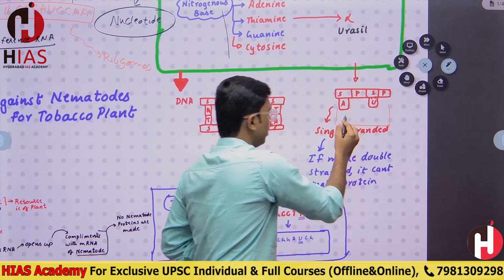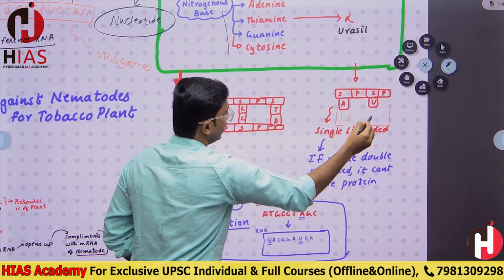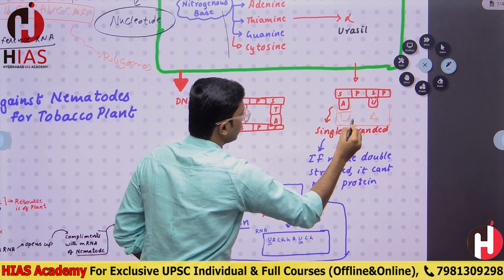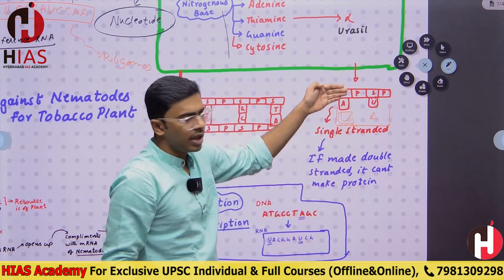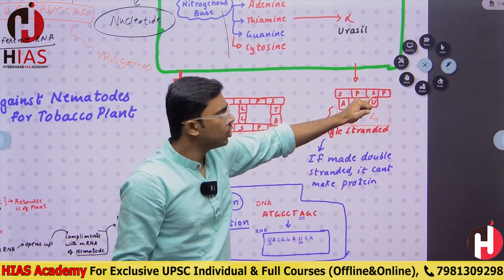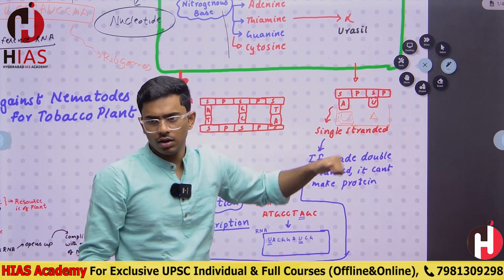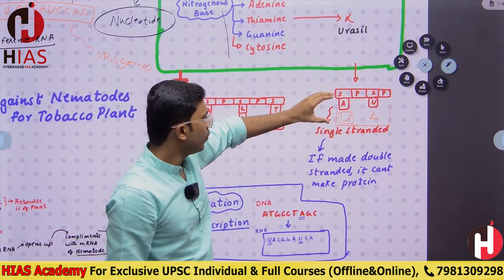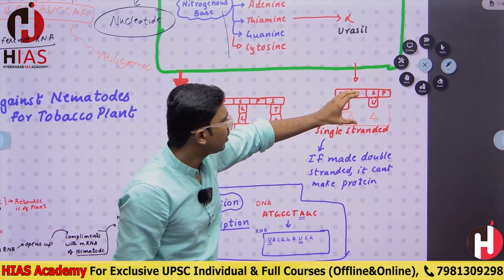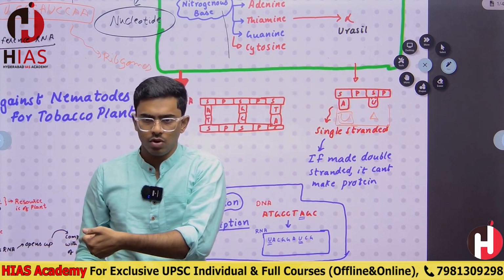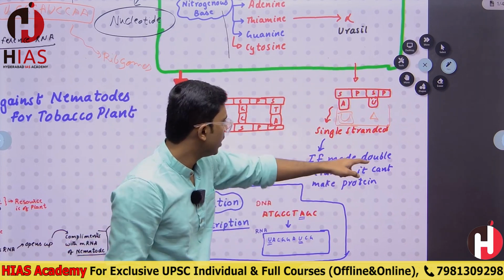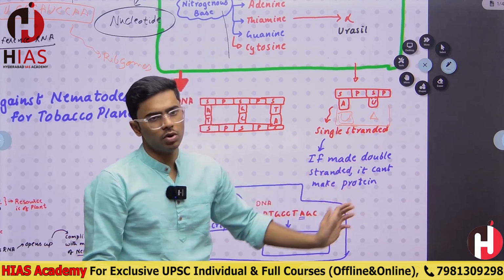Here U, here A. Why? These are complementary. No, this is RNA. AU, again UA, right? So if you make this double strand, can this RNA transform into a protein? No. If made double stranded, it can't make a protein.